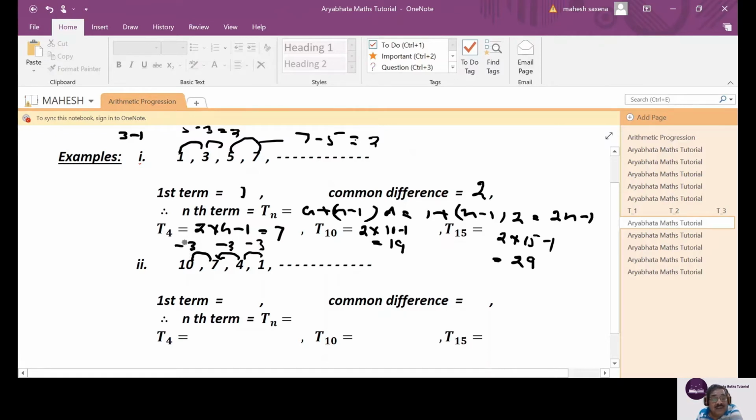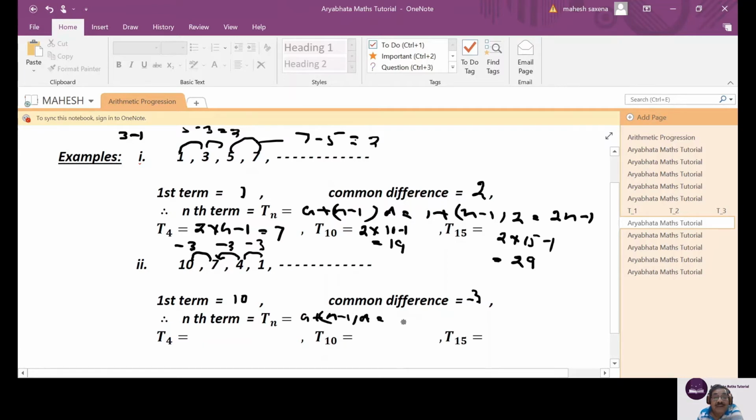Therefore, since all the differences are coming minus 3, the common difference is minus 3, and the terms 10, 7, 4, 1 are in arithmetic progression. In this case, the first term is 10.